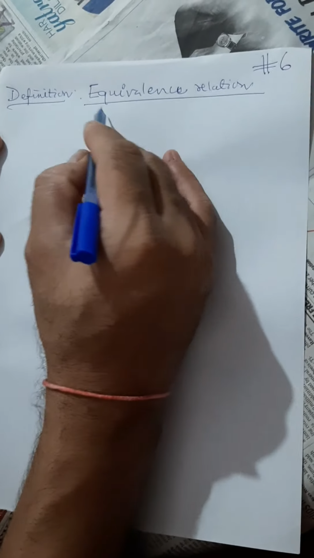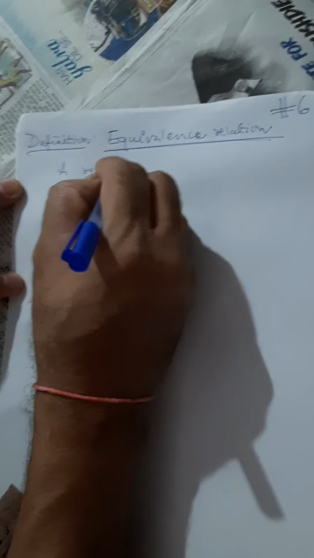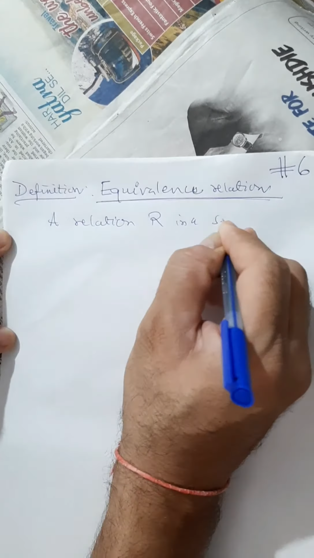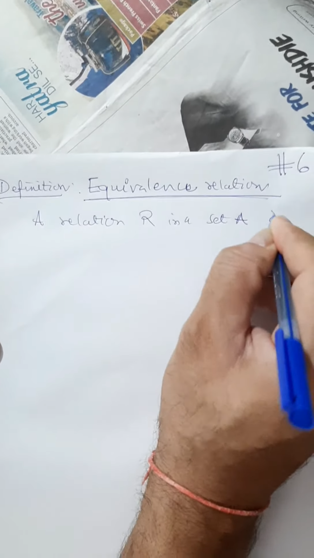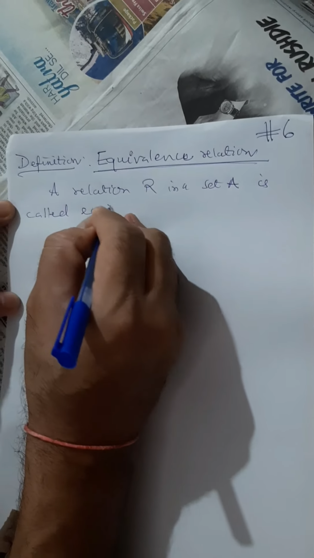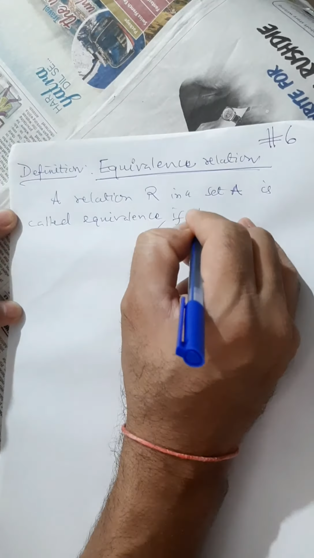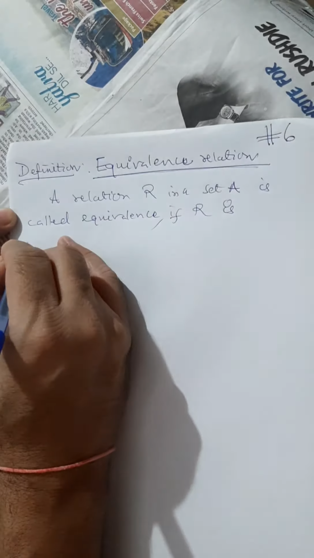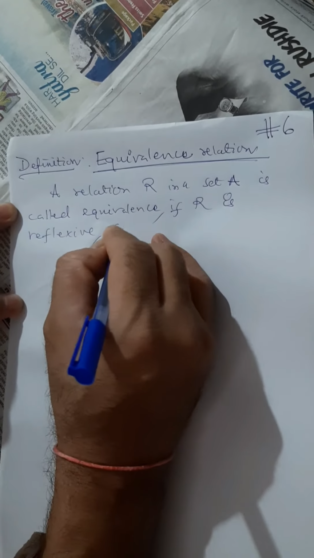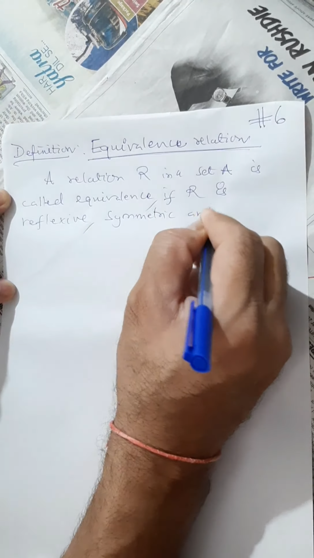Next we go for equivalence relation. A relation R in a set A is called equivalence if R is reflexive, symmetric and transitive.